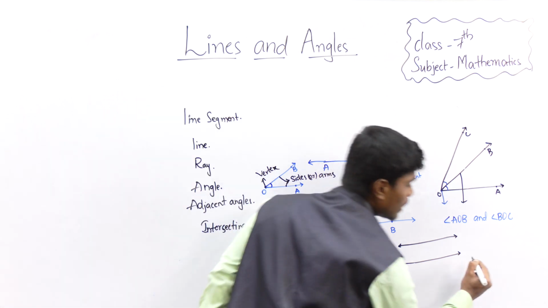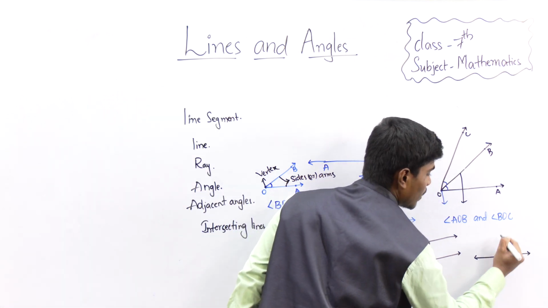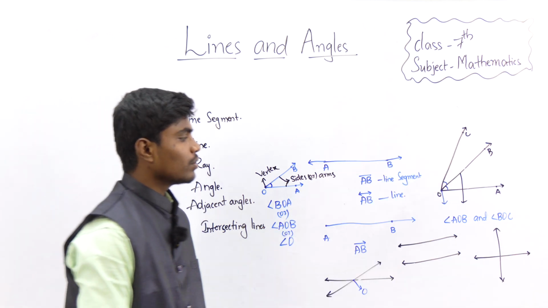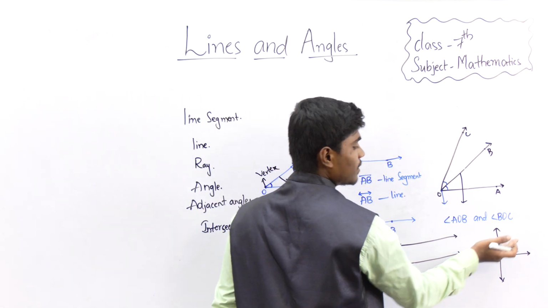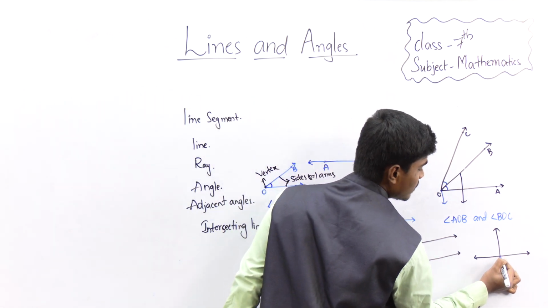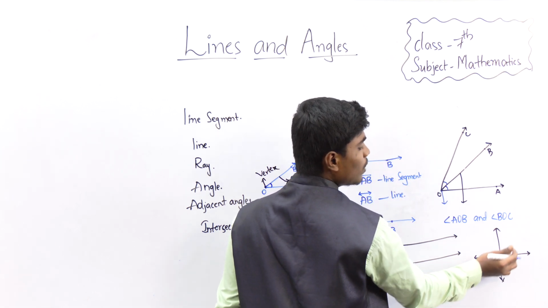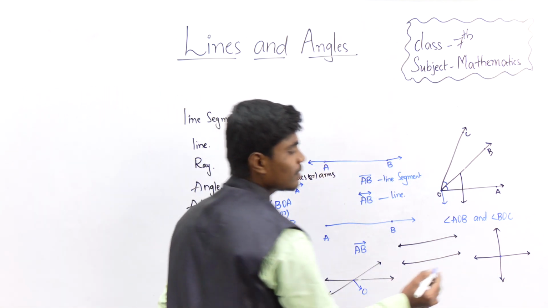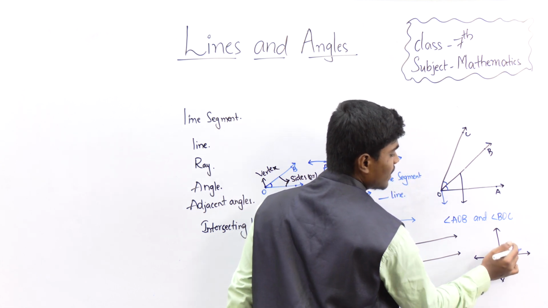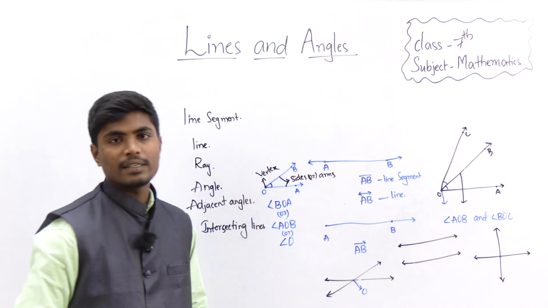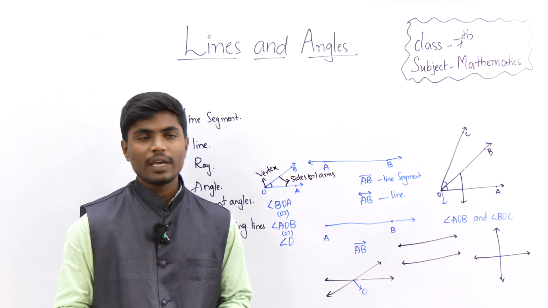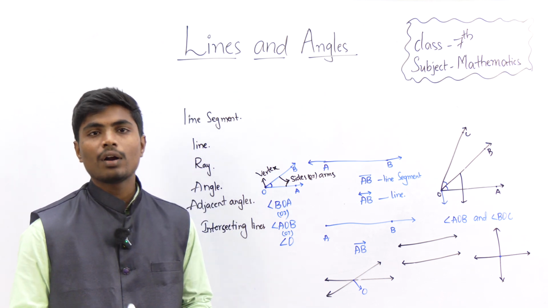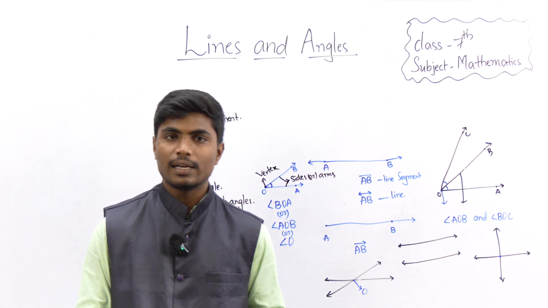Here also, these two lines are intersecting at this point, meaning these two lines have one common point. So these lines are also intersecting each other. These things you have already learned in your 6th class.